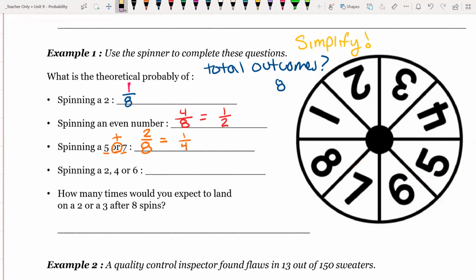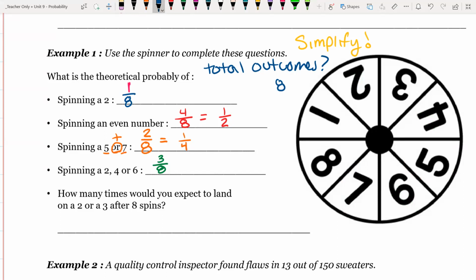What's the probability of rolling a 2, a 4, or a 6? Well, that's 3 out of 8. All right, here's kind of a logic question. How many times would you expect to land on a 2 or a 3 after 8 spins? What's my probability of spinning a 2?